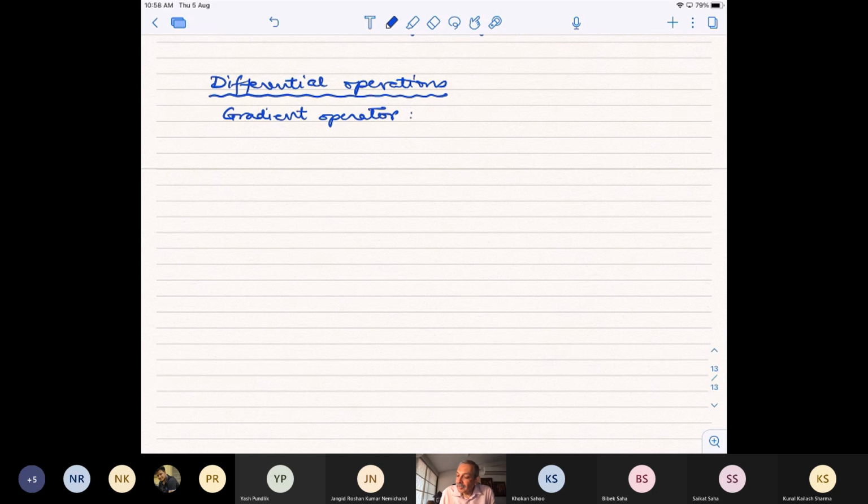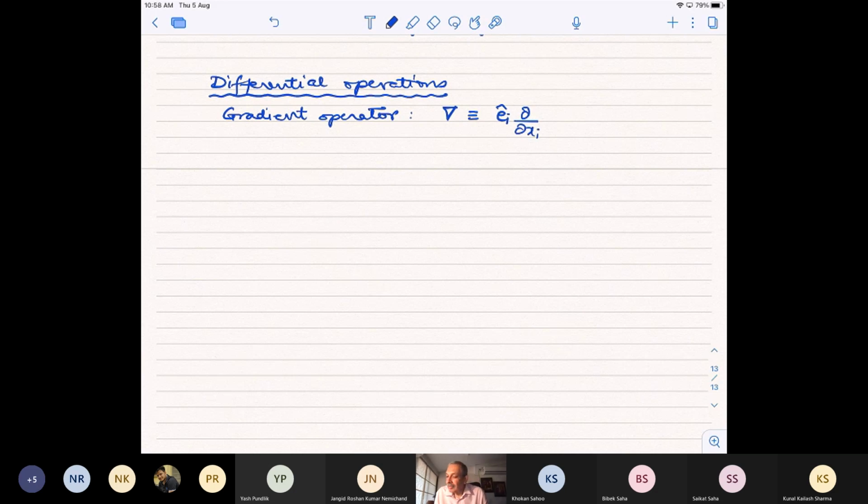Here, the key operation is the gradient operation. That is the del operator, nabla or del. This is the inverted triangle. And what it means is this is just ei del by del xi. This is what it means.